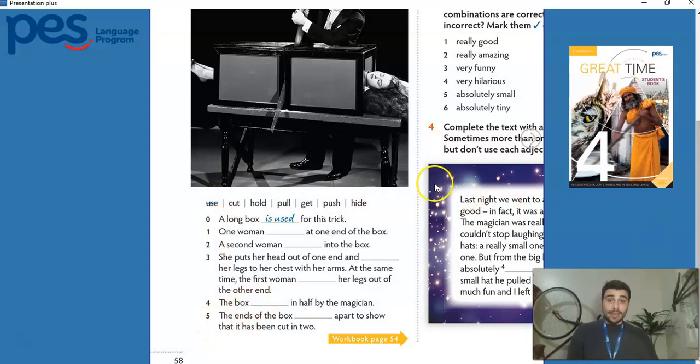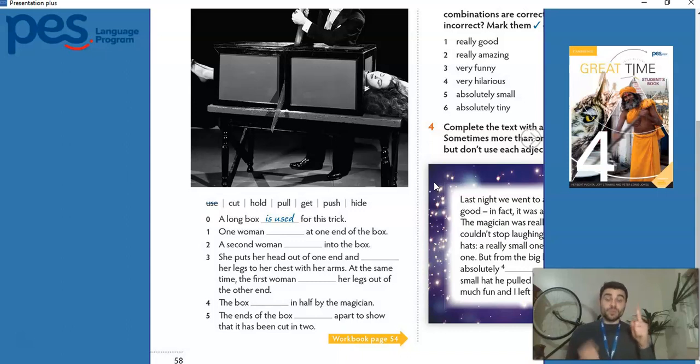So, again, you're going to pause the video and you need to complete the sentences with the active form of these verbs or the passive form of these verbs. And then you can ask, okay, Rafael, but how do I know this? That's the important part. You need to analyze the sentence and try to check at least if the situation is being described as an active thing or if the situation is being described as a passive action, right?